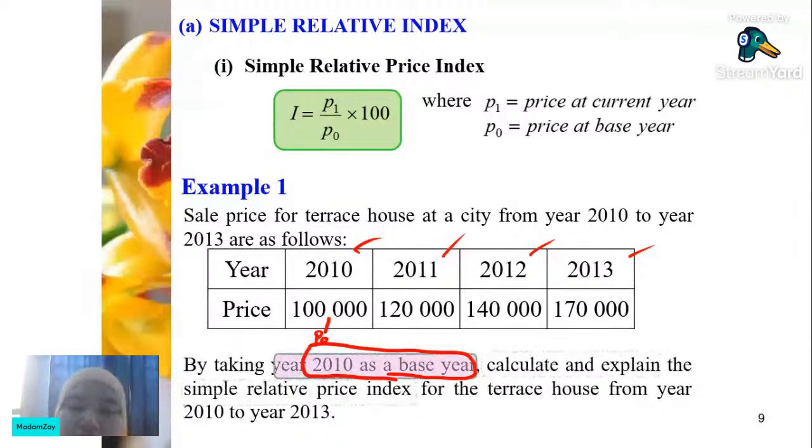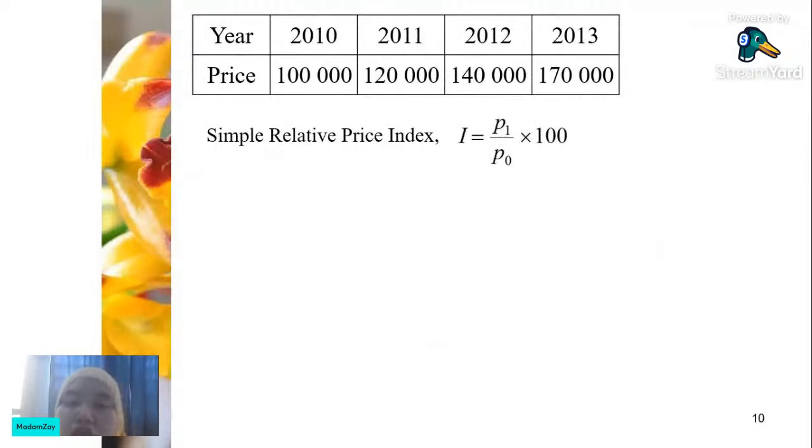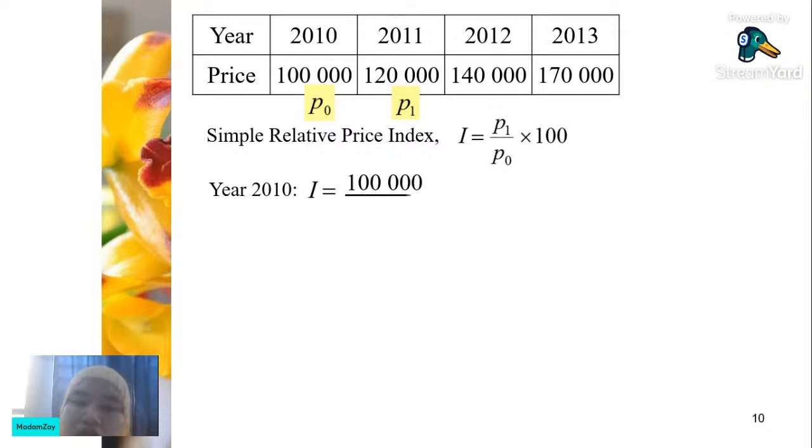Let's say to find the index for 2010. For 2010, we can take the P1 in 2010, 100,000, divided by the P0, which is also in 2010, multiplied by 100. So what will be the answer? If the base year and the current year are the same, it will be 100%.